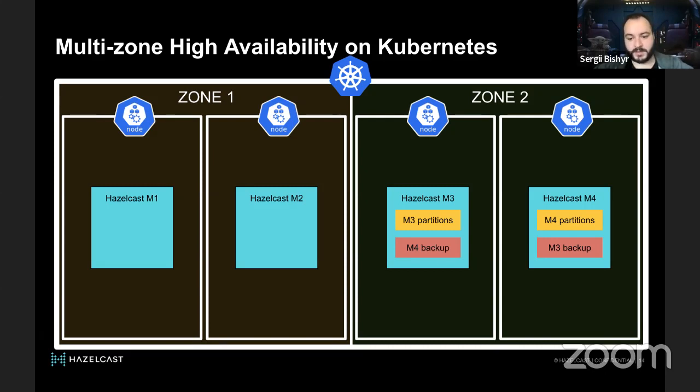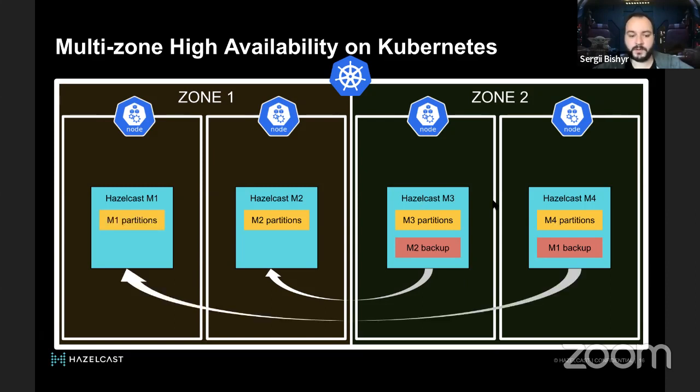But in this case, as you can see, we cannot do so. So we need to store the right backup. So backup, for example, of member 2 on member 3, which is located in a different zone, and backup from member 4 to member 1, which is also located in a different zone.